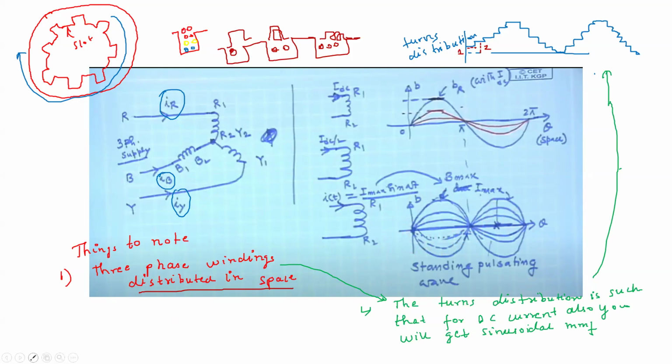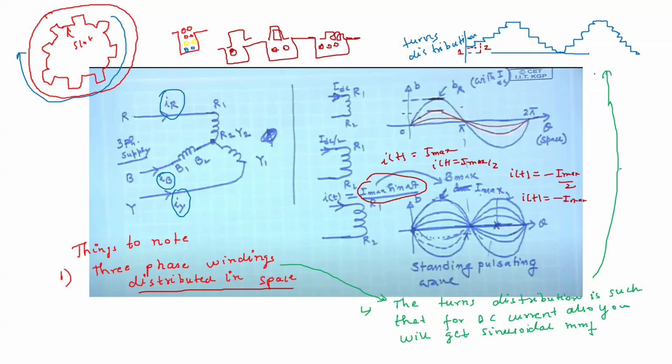So what is happening? It depends on the instantaneous value of I of t. I of t can be I max in some cases, I of t is I max by 2, I of t is minus I max by 2, and I of t is minus I max.